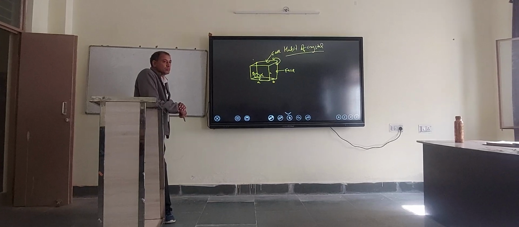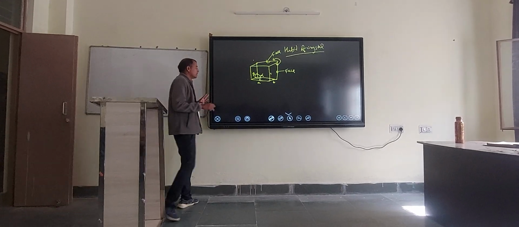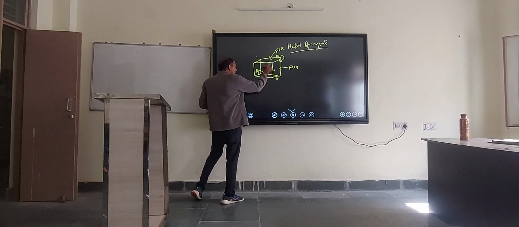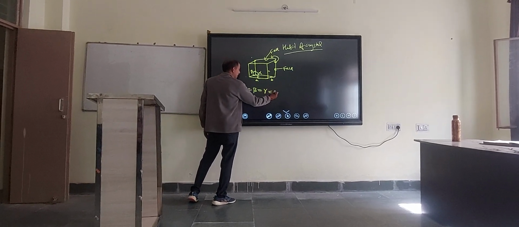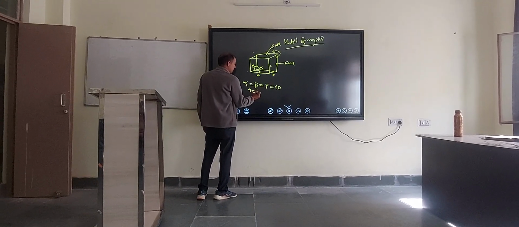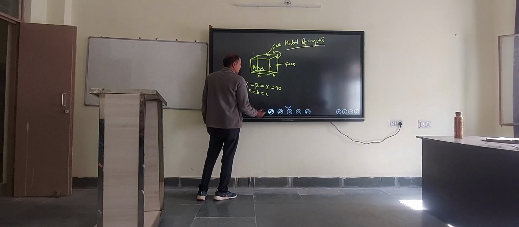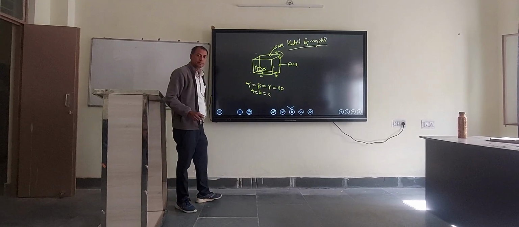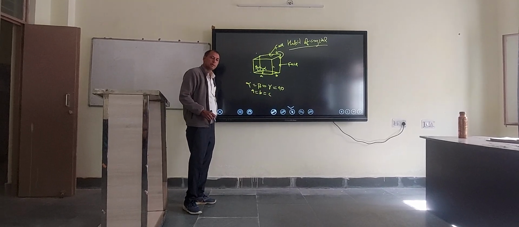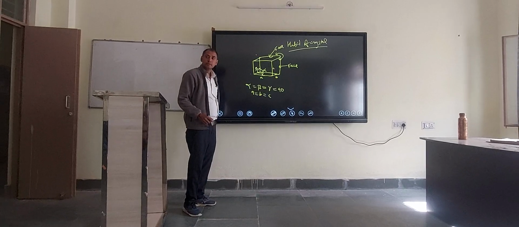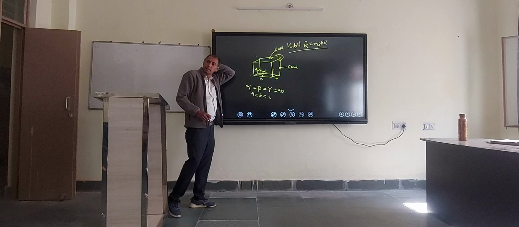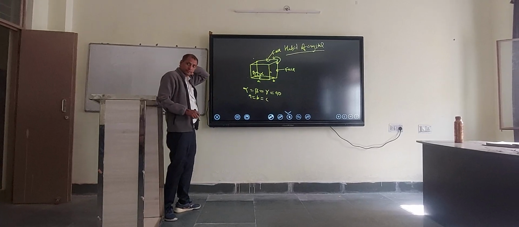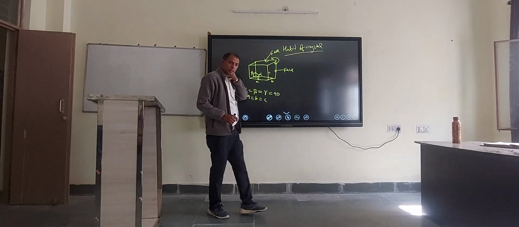How? Suppose a equal to b equal to c and alpha equal to beta equal to gamma equal to 90. What will be formed? A cube will be formed, if length, breadth and height are all equal.